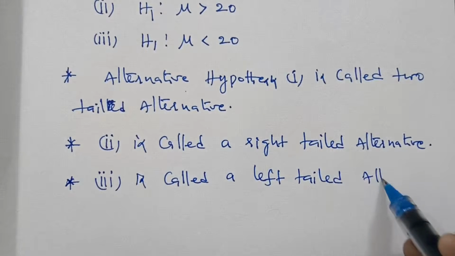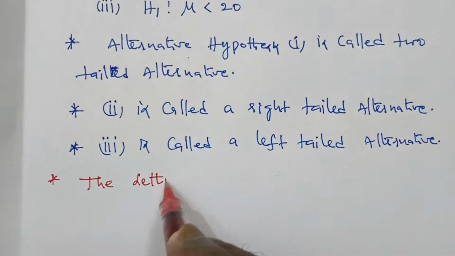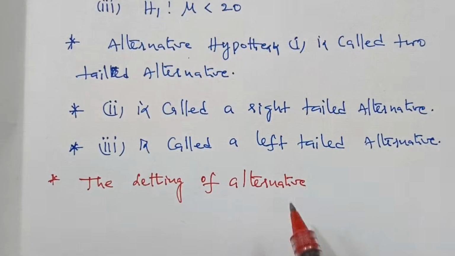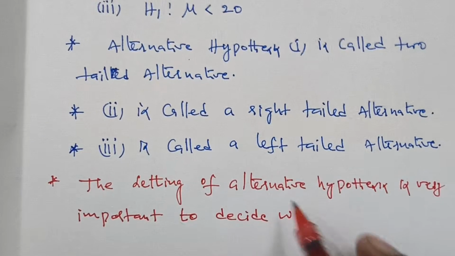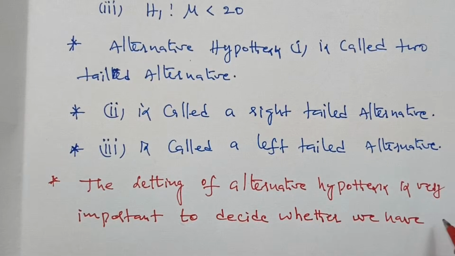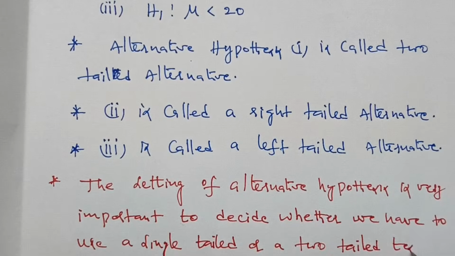Remember, in alternative hypothesis, not equals to is two-tailed alternative, greater than is right-tailed, less than is left-tailed. Now we have an important point here which is indicated in red color. The setting of alternative hypothesis is very important to decide whether we have to use a single tail test or two tail test. So alternative hypothesis is very important.